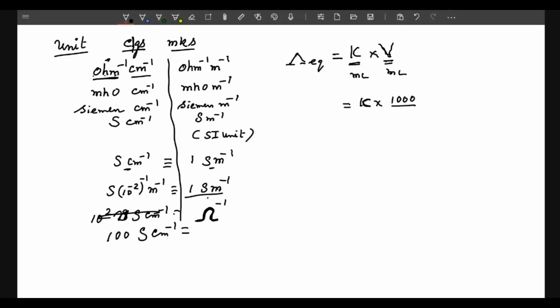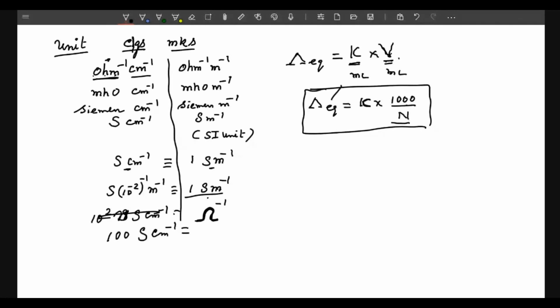This relationship is obtained from the earlier one. You should remember this equation so that you can calculate the equivalent conductance if the normality of a solution is given. Why is 1000 there? The 1000 is for converting the volume into cc. Therefore, we are multiplying by 1000.